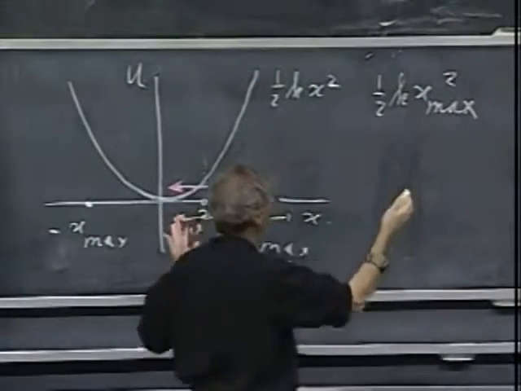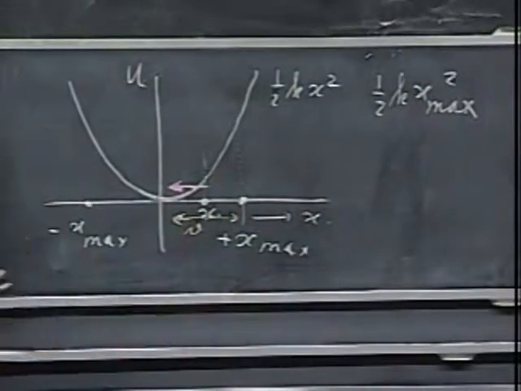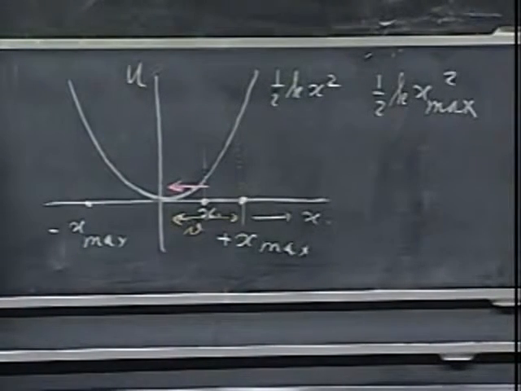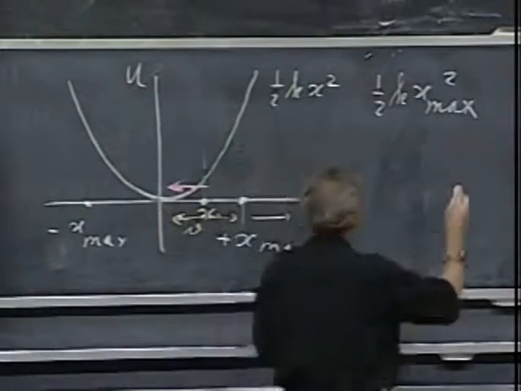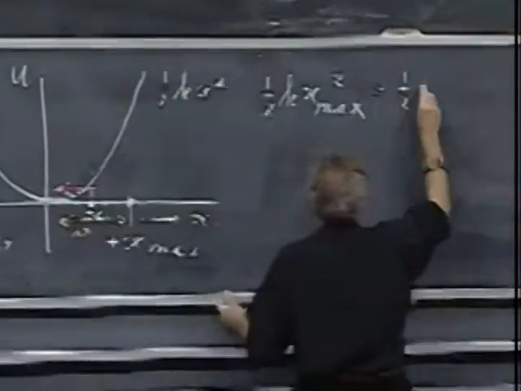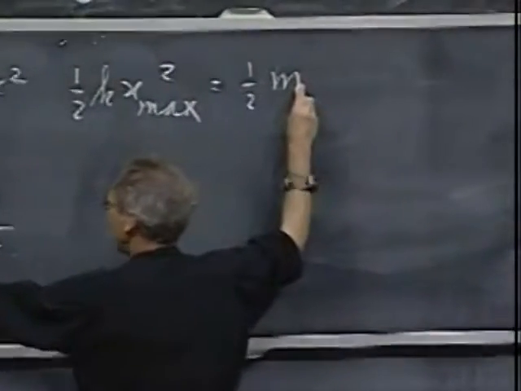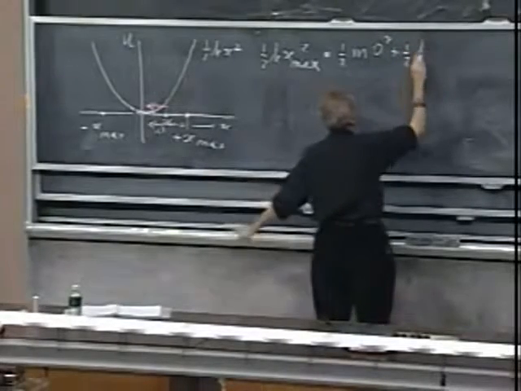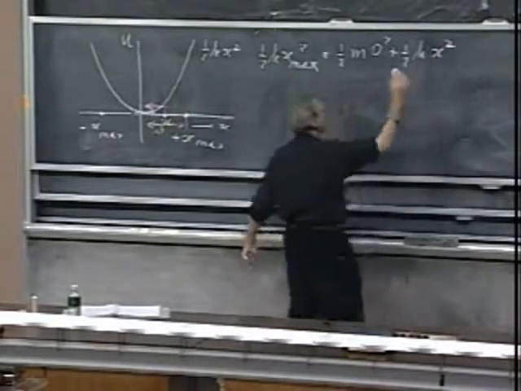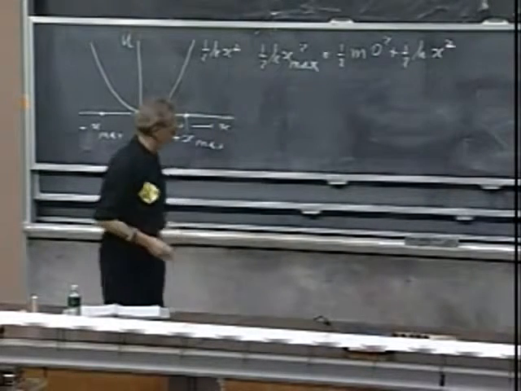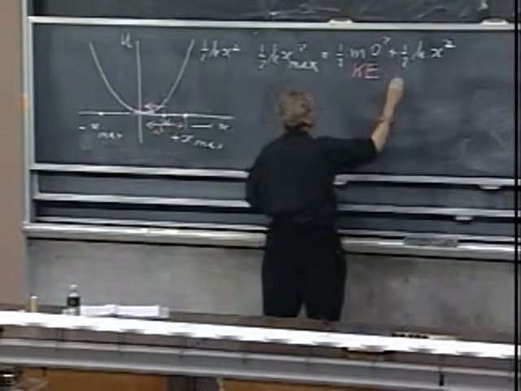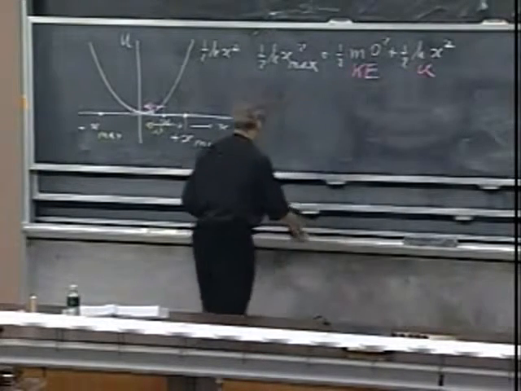That is E total. That will always be the same if there is no friction of any kind, and I have to assume that there is no friction. So that must be now 1/2 m v squared at a random position x plus 1/2 k x squared, which is the potential energy at position x. So this is the kinetic energy, and this is the potential energy.